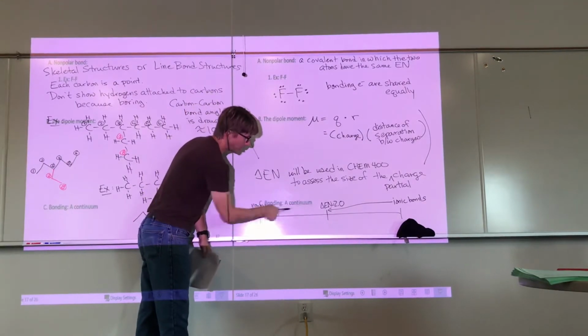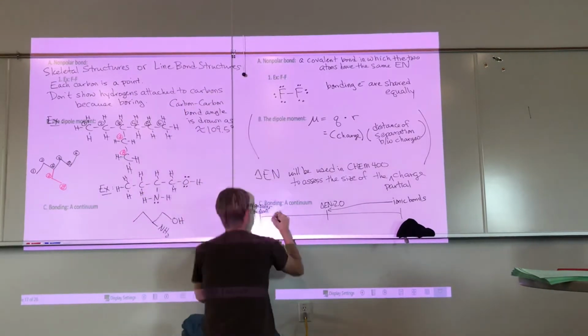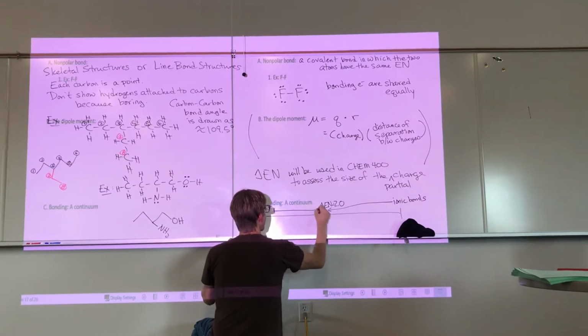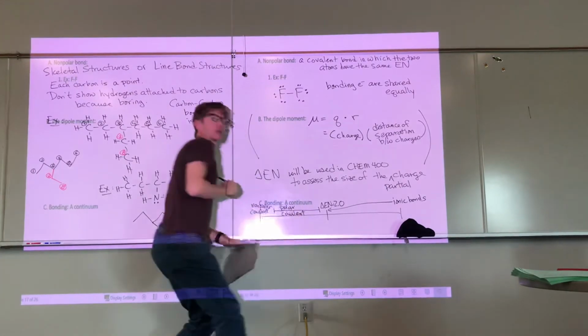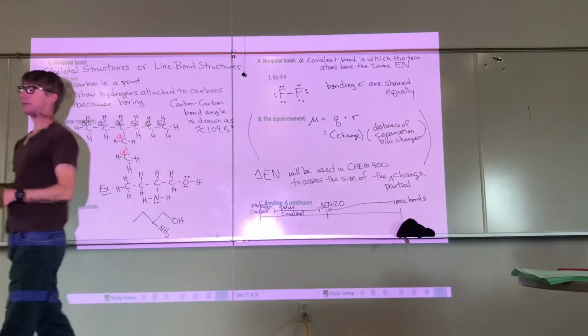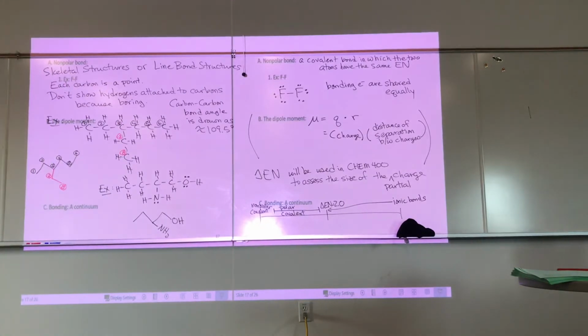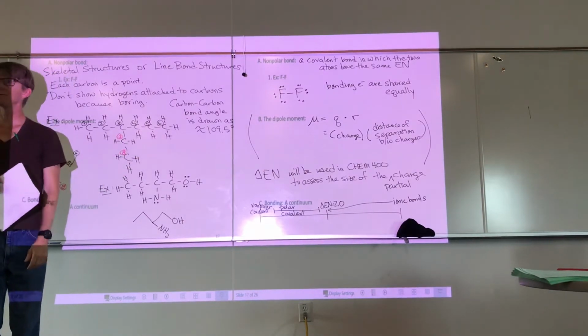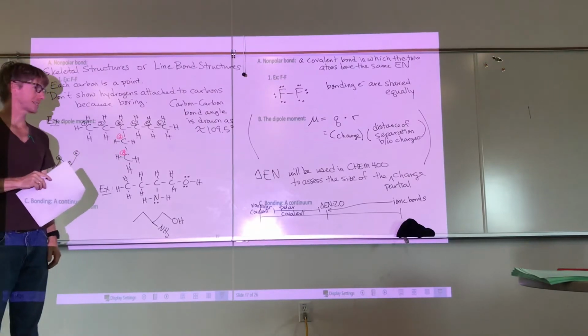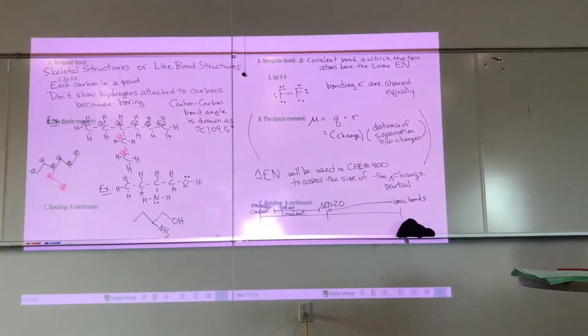And then all the space in here are polar covalent bonds, where the larger the difference in electronegativity, the more polar it is. And that's all the types of bonds we have in chemical theory. It's complicated. All right.